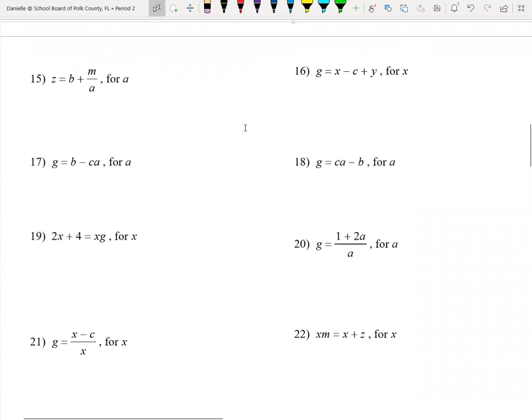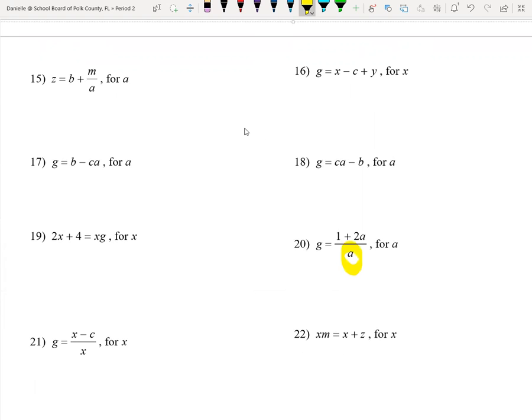Let's find another one. Let's solve 20. This one looks a little fun, a little difficult. So let's go ahead and solve this one.